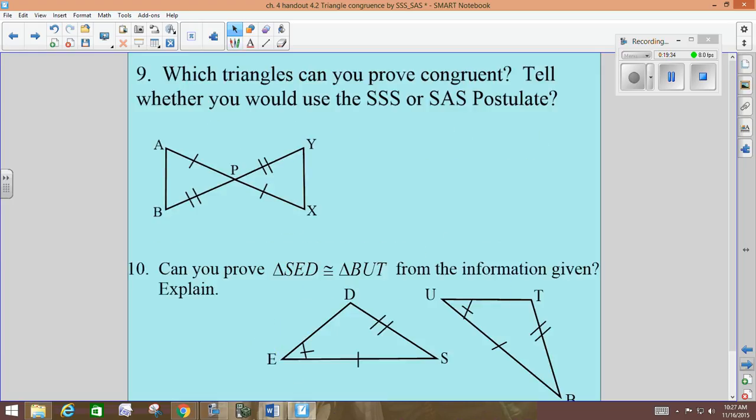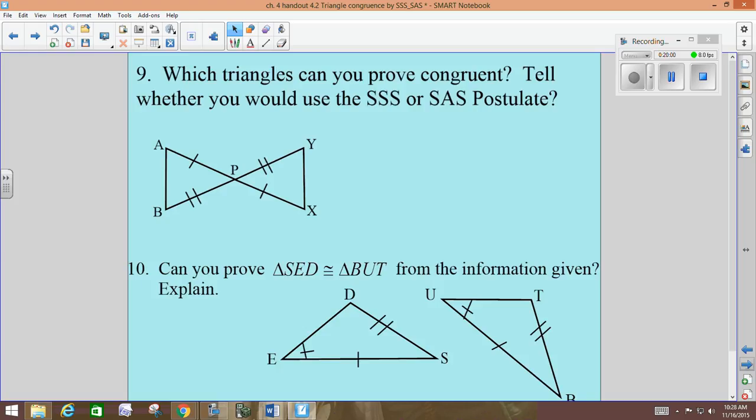2 left. Number 9. Sorry, I don't have the rest of your picture labeled. The far right triangle, you need a Y on the top and an X on the bottom. It says, which triangles can you prove congruent? And tell whether you would use the side, side, side or side, angle, side postulate. Can we use side, side, side?